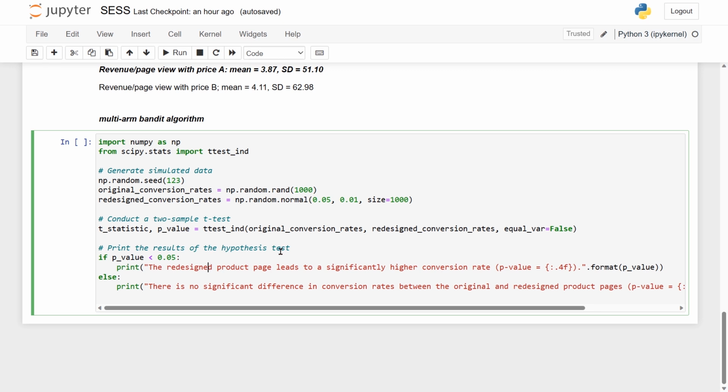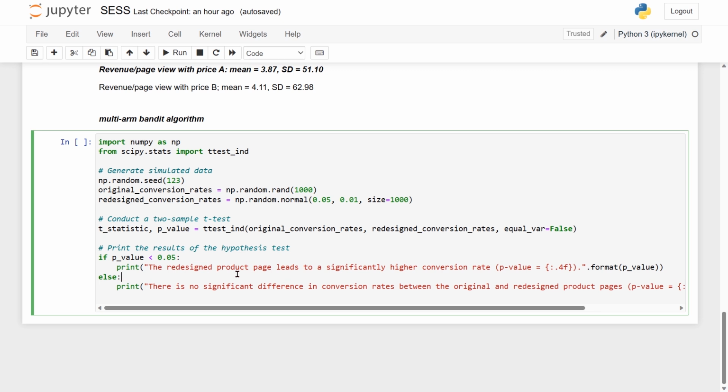Because we have taken a null hypothesis, if the p value is less than 0.05, then the redesigned product page leads to a significantly higher conversion rate. If the p value is greater than 0.05, then it would be the opposite, and we would be rejecting the hypothesis.